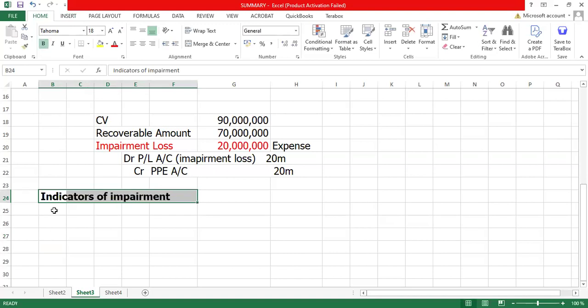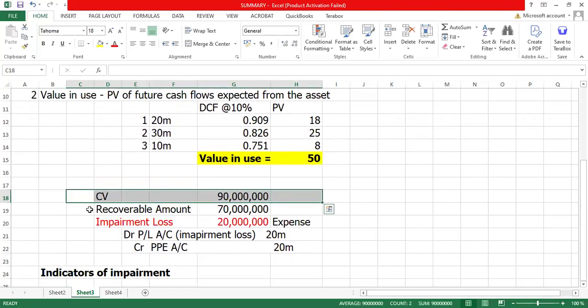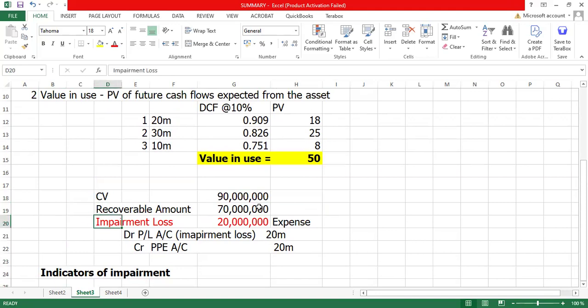What are some of the things you're going to look at to tell that indeed this can cause an asset to be impaired? It's like now you're saying that my asset is 90, but you realize that if you can recover this. So what are those situations? What are those indicators that may tell you that indeed the recoverable amount may be low?